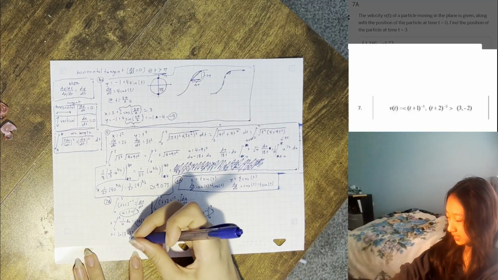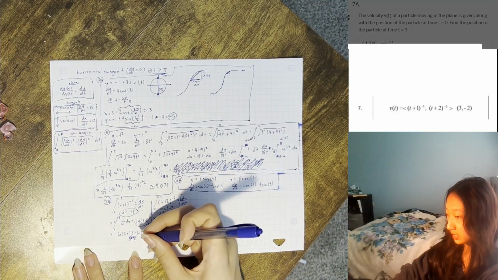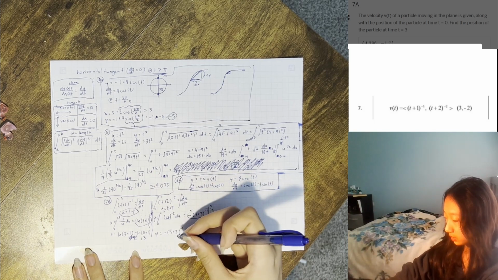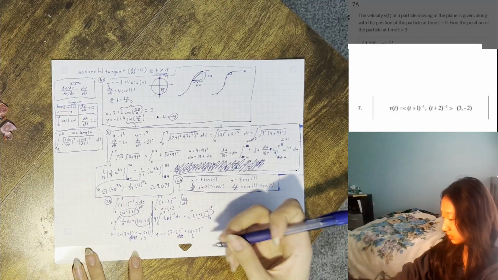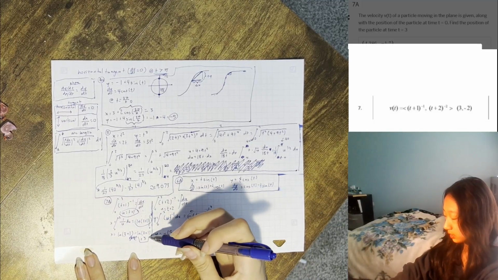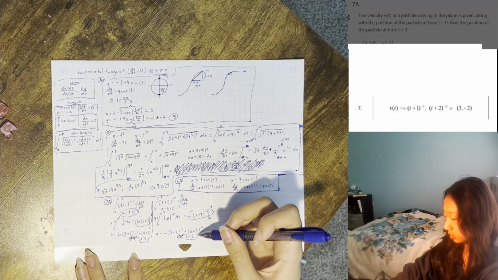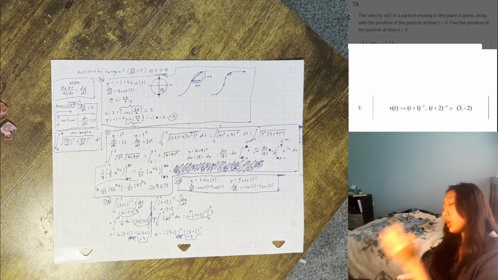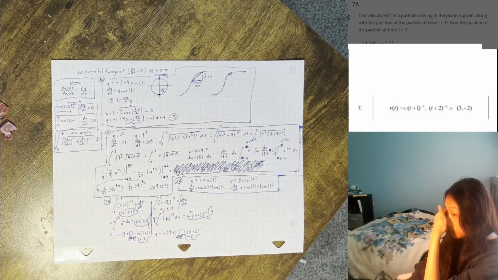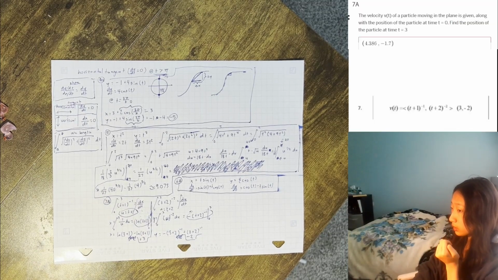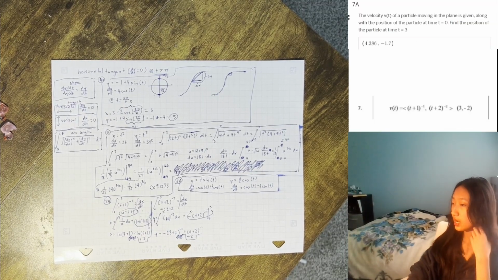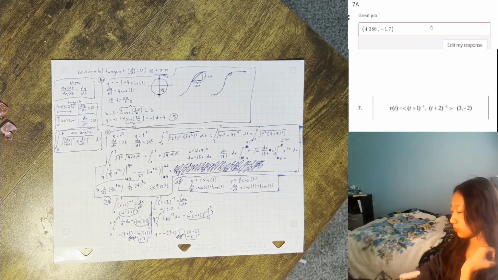In this case, our x started at being 3, our y started at being negative 2, so we're going to add, or I guess subtract this one, to both of those. And you should get around 4.386 and negative 1.7 for those two components there.